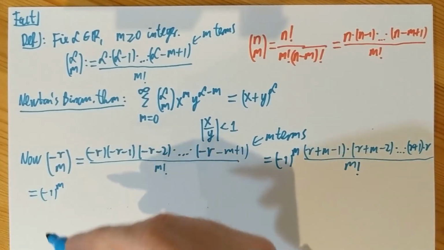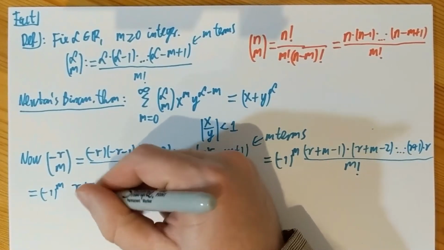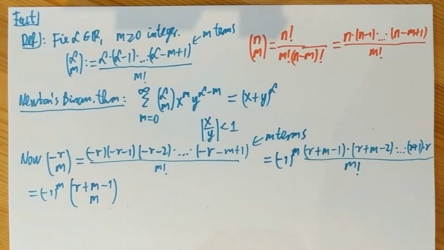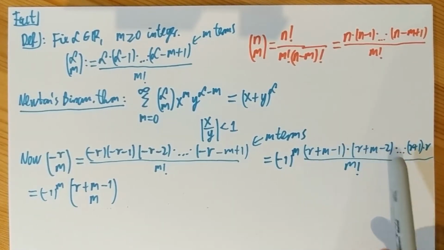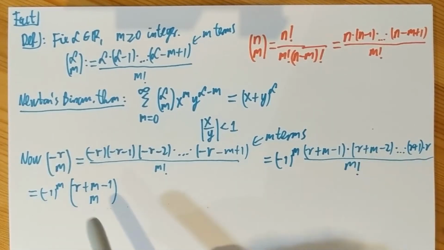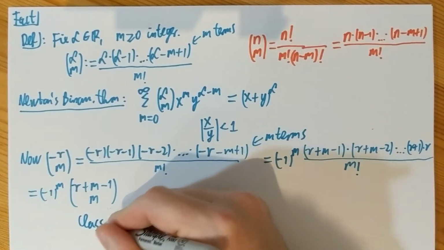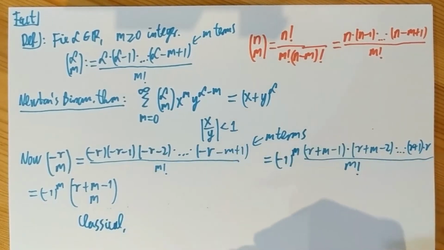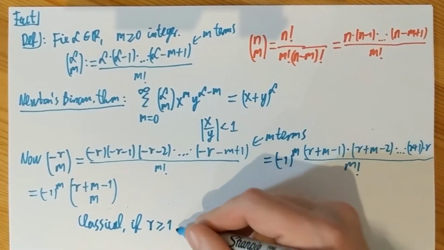So if I look carefully at that, then I find that r plus m minus 1 choose m is exactly what I have, because I have r plus m minus 1 times r plus m minus 2 times down to r, over m factorial. It doesn't even need to be classical at this point, but that's what I have. So it is a classical integer binomial coefficient if r is at least 1 and an integer.